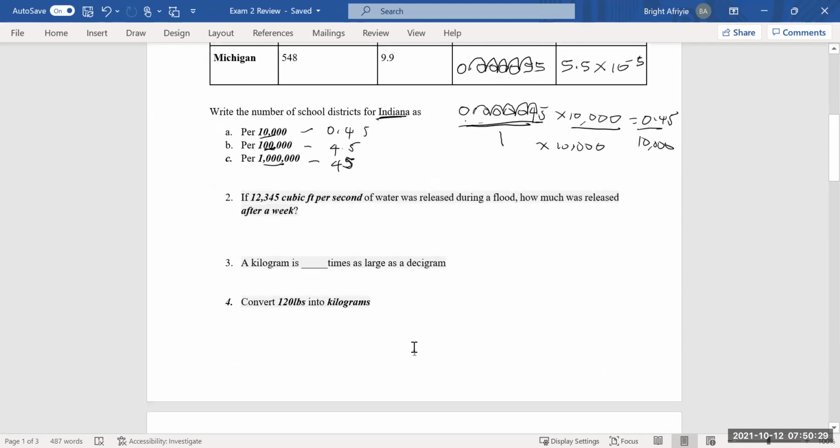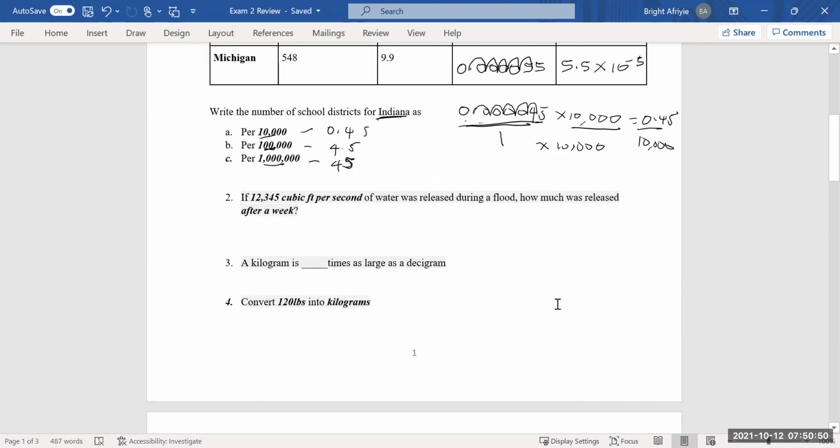All right. Now let's look at question number 2. Now for question number 2, it says if 12,345 cubic feet per second of water was released during a flood, how much was released after a week?